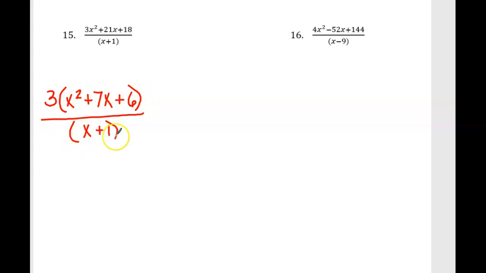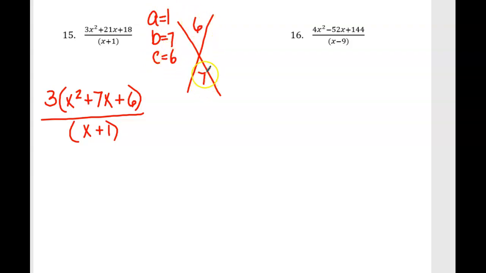All right, so 15, in this case, we can factor out a 3. So we have 3 times x squared plus 7x plus 6, and that's divided by x plus 1. We make our x. All right, our a is 1, our b is 7, and our c is 6. So we end up with 6 up top, 7 at the bottom.